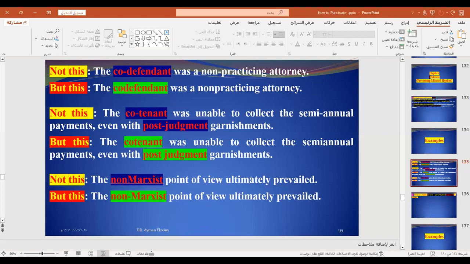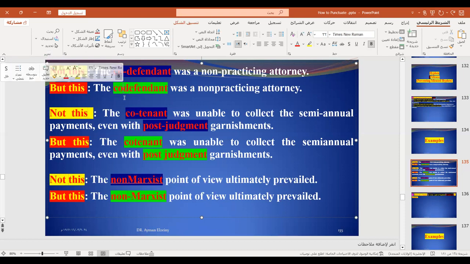For example, co-dependent, codependent. If I want to write codependent, I must not use a hyphen here. The co-tenant was unable to collect semi-annual payments even with post-judgment.